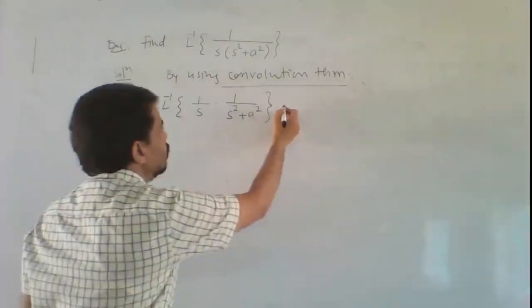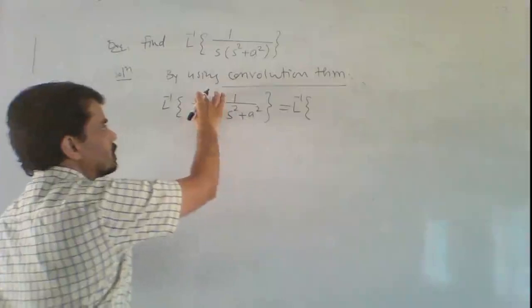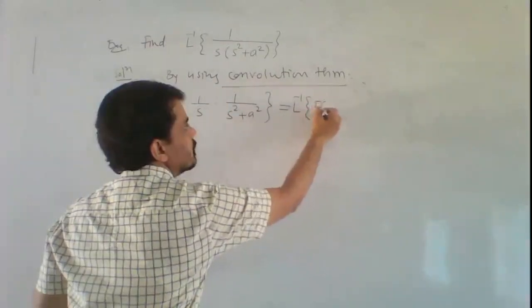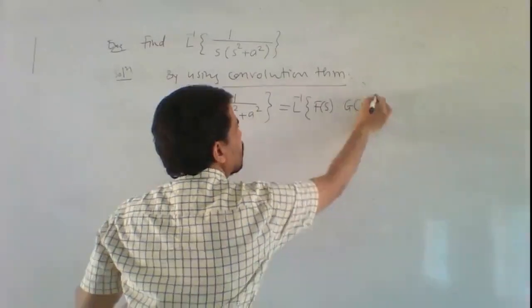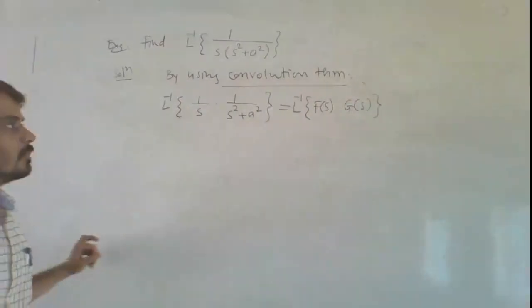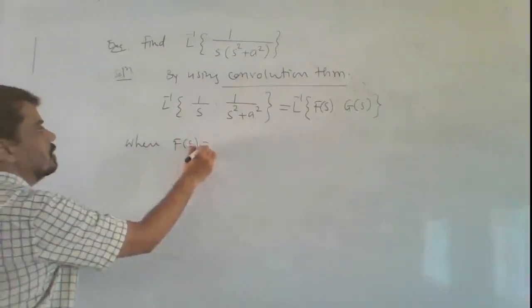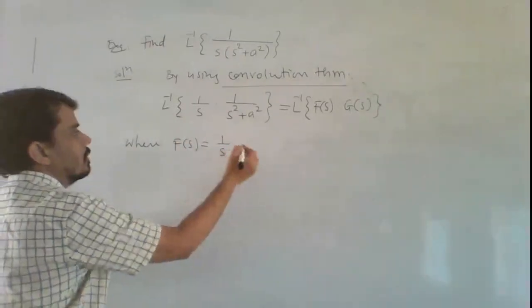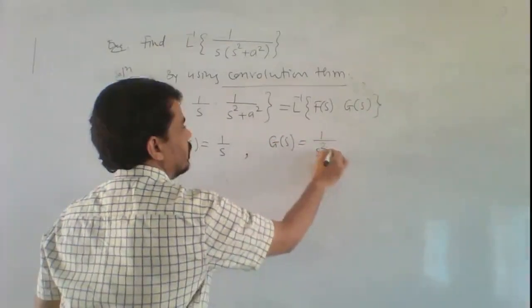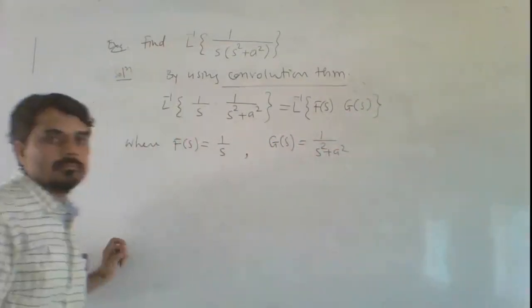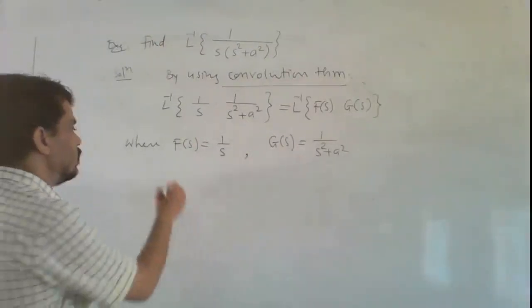It is equal to L inverse. Consider the first function 1 by s as f of s and the second function as g of s, where f of s is 1 by s and g of s is 1 upon s square plus a square. Find separately their inverse Laplace transforms.